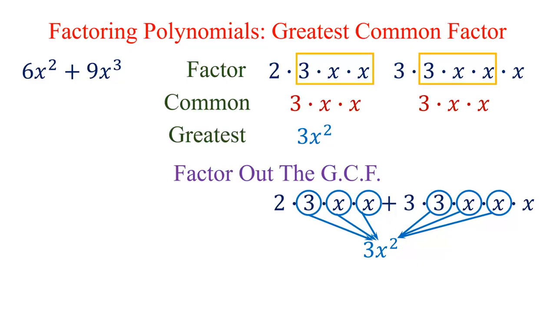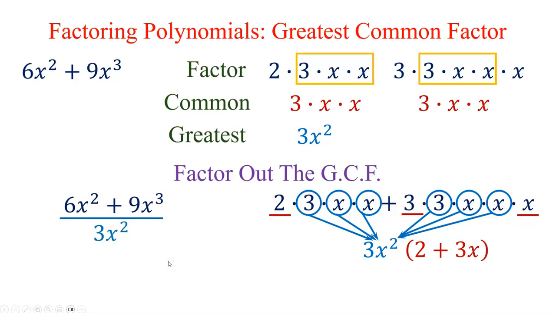And when we take out the 3x squared, we can see what's going to be left over. We'll be left over with a 2 from the first term and a 3 and an x from the second term. So when we write our answer, we'll have the GCF on the outside and what's left over on the inside of the parentheses.